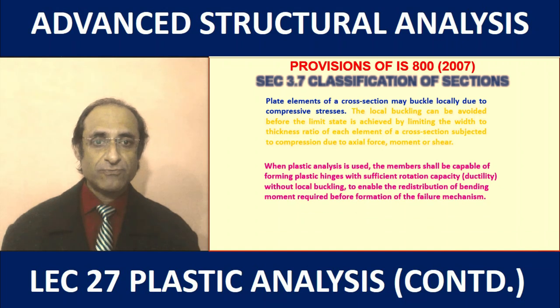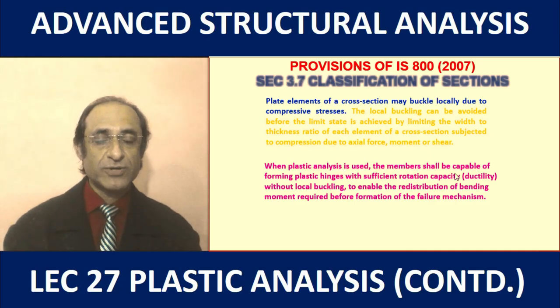The code further says that if we are using plastic analysis, then members should be very much capable of forming plastic hinges. This formation of plastic hinges is not enough. Rather, the section should have sufficient rotation capacity also.